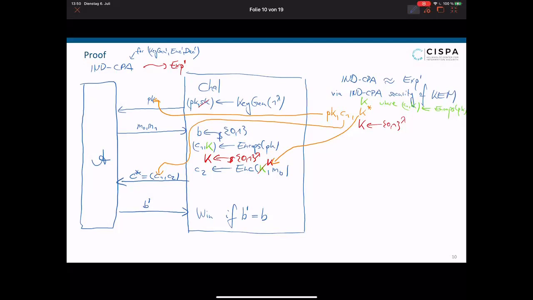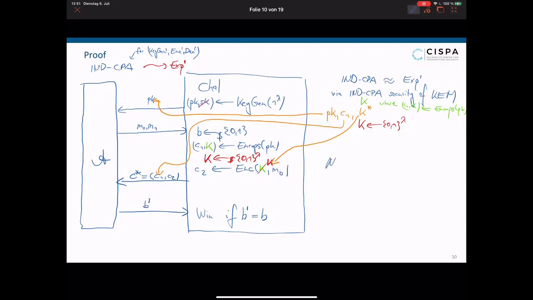Exactly. So someone wrote in the chat, it's 1/2 plus negligible because the private key encryption scheme, EncDec, is INCPA secure.